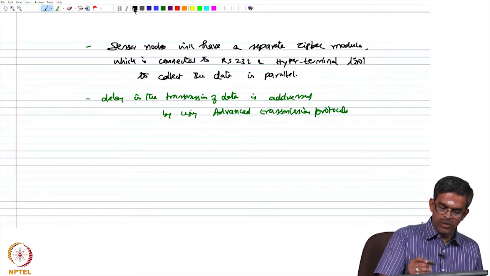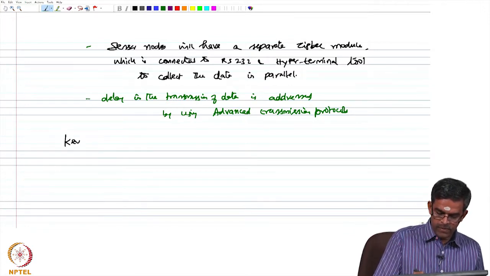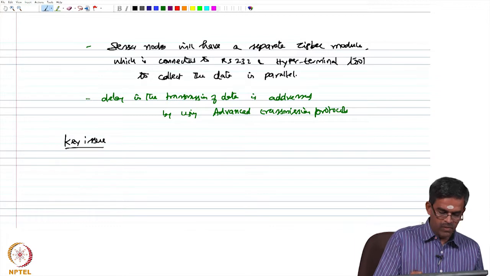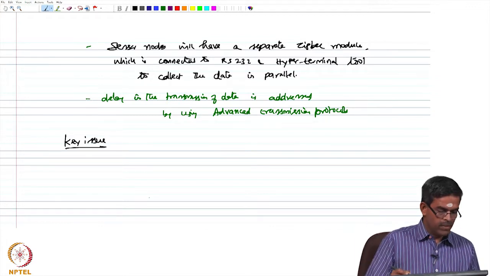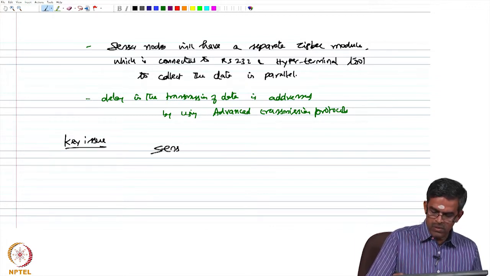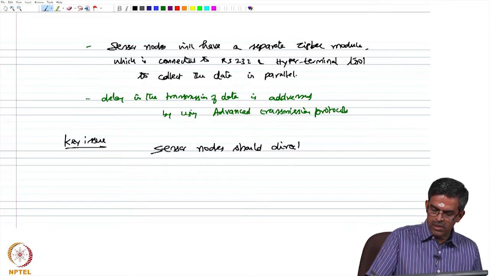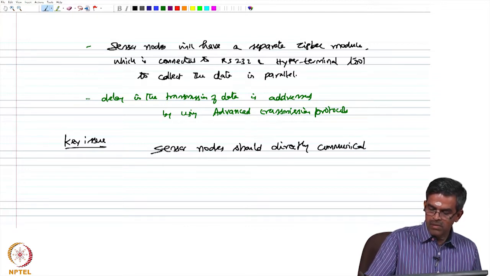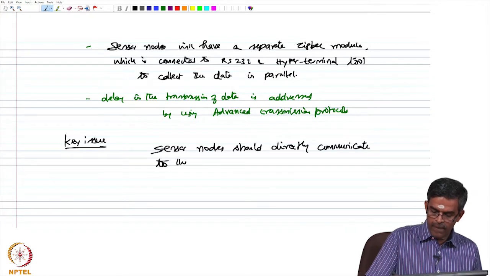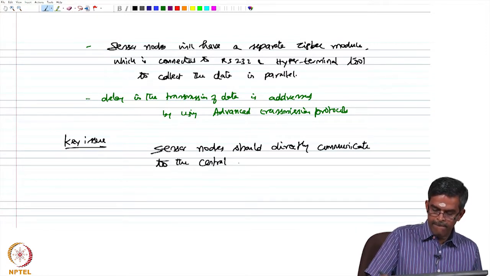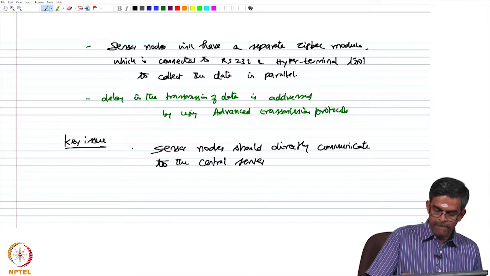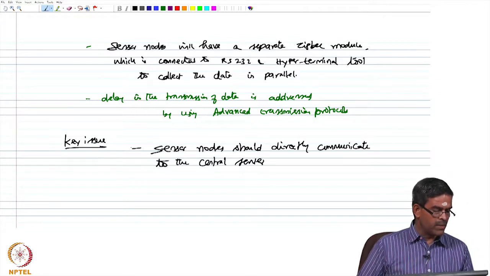So, the key issue here is sensor nodes should directly communicate to the central server. That is what the desired requirement is.